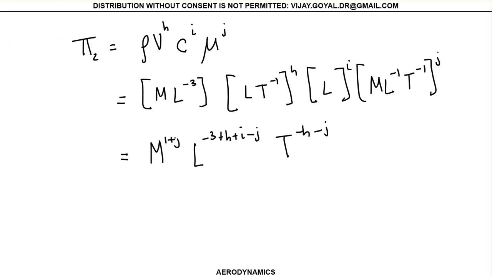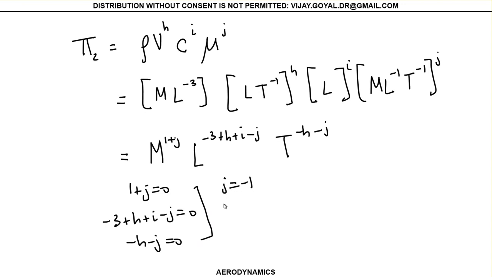And all these coefficients have to be 0. Setting them all equal to 0: minus 3 plus H plus I minus J equals 0, and minus H minus J equals 0. From here, we find that J is equal to minus 1, H is equal to 1, and I is equal to 1.